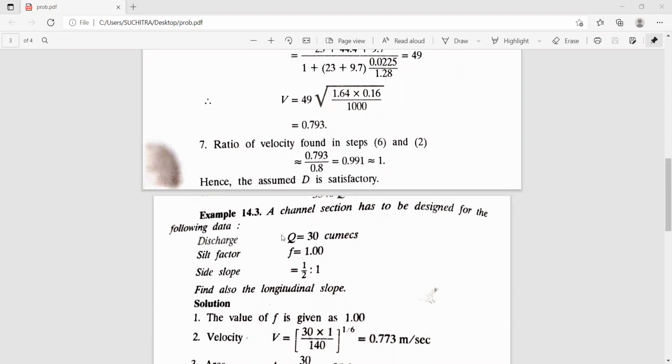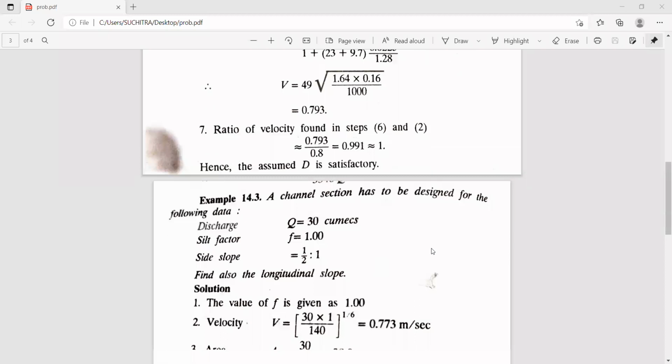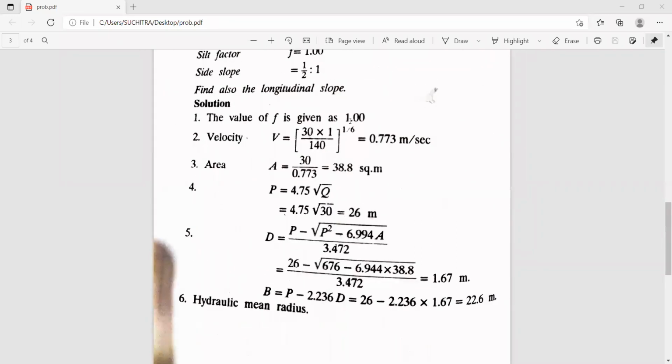Here the discharge value will be given to you and the silt factor value will be given. If not, the diameter of the silt particles will be given, thereby you can calculate the value of silt factor F. And the side slope is 1/2:1, which is of no importance in the problem. So this is the step-by-step procedure of Lacey's method of channel design.